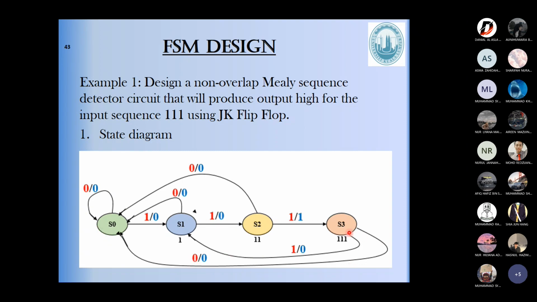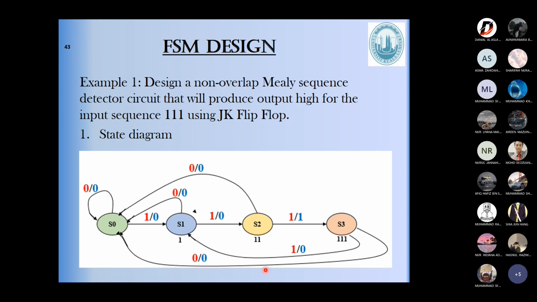Okay, but when it found 1, now, stated here, design a non-overlap. So, kita tahu bila kita detect 1, 1, 1, alright, meaning that bila kita jumpa the fourth one, 1, 1, 1, first detection, and then kita dapat lagi 1 selepas tu, kalau dia overlap, kita boleh consider dia sebagai new detection.